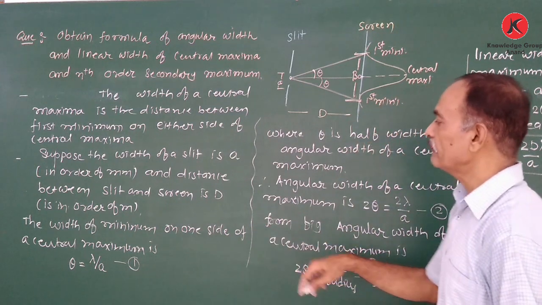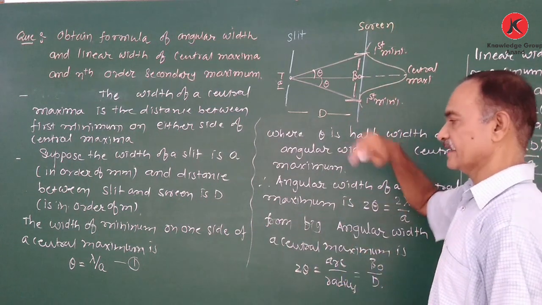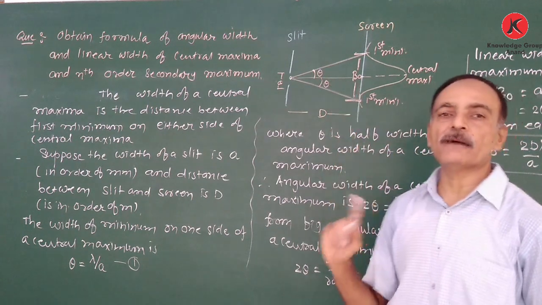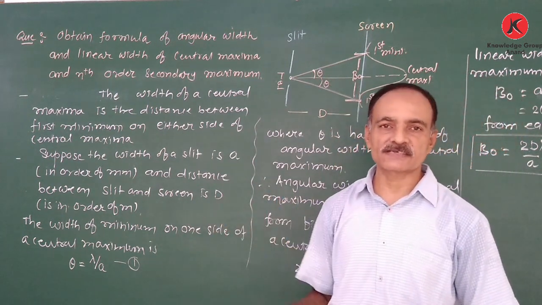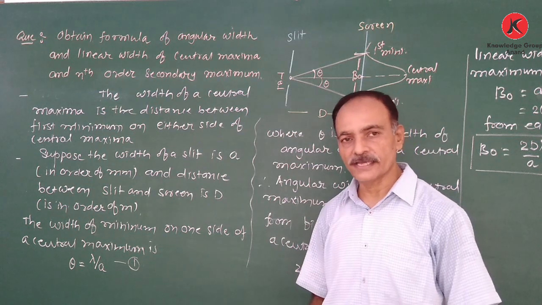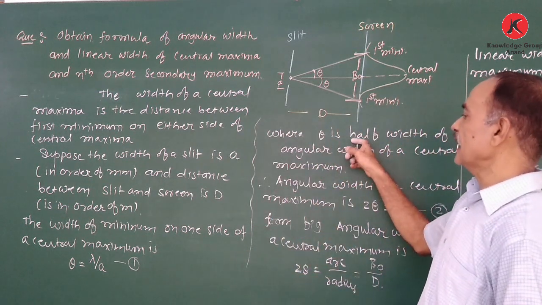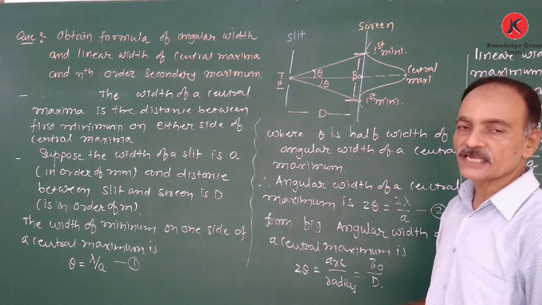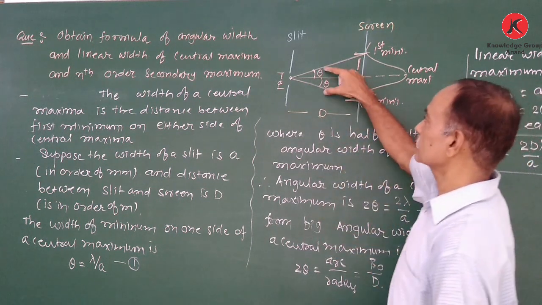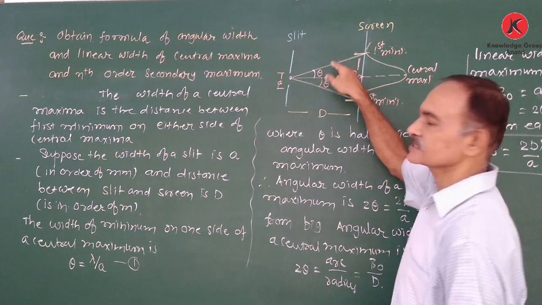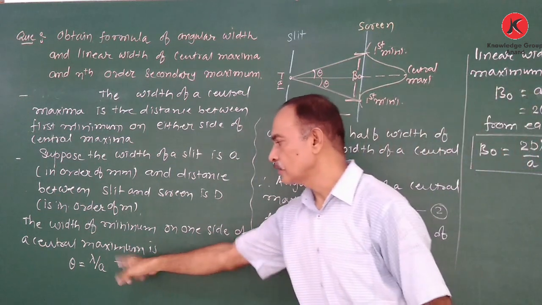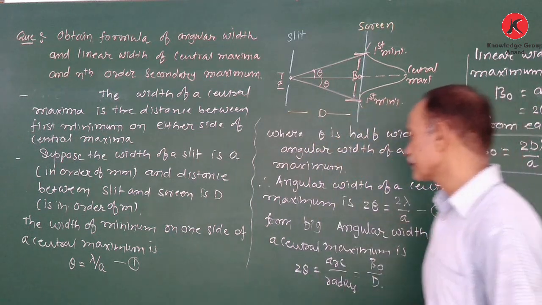Therefore, the position of the minimum on one side of the central maximum, theta is equal to lambda upon a. Already we derived this equation. Theta is the half width of the angular width of the central maximum. Therefore, the total angular width is theta plus theta, that means 2 theta, which is equal to 2 lambda upon a.